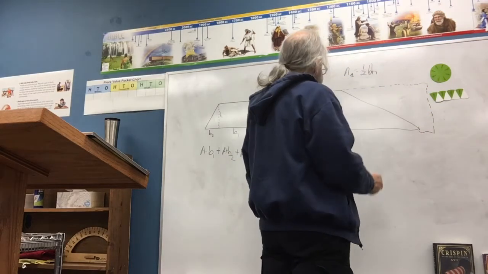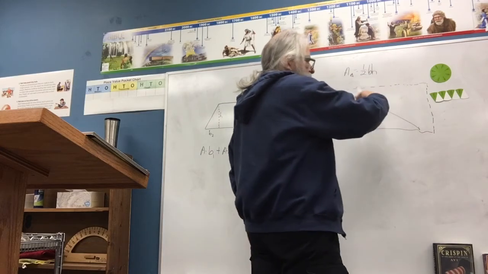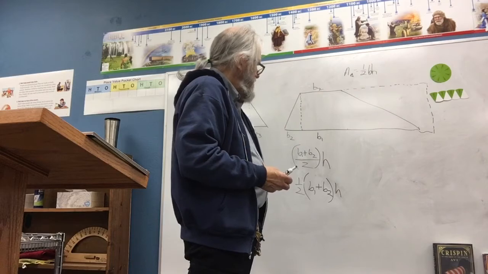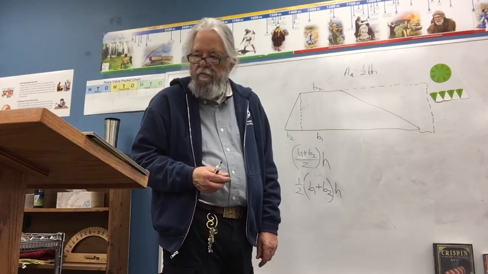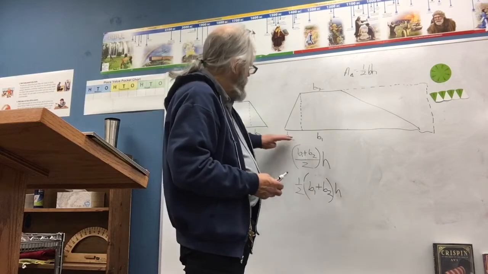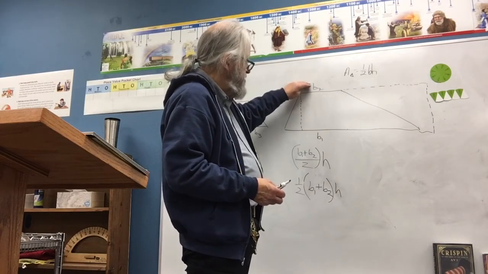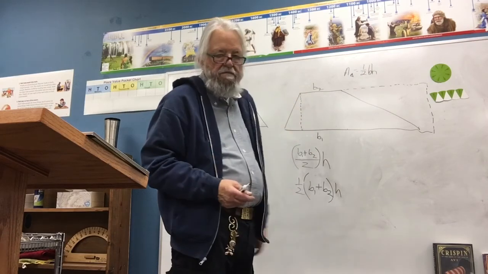So what they're trying to show you is this is the same as this piece over here, which is missing. Okay? So that's why they're taking base 1 plus base 2, averaging them, okay, and then times the height.